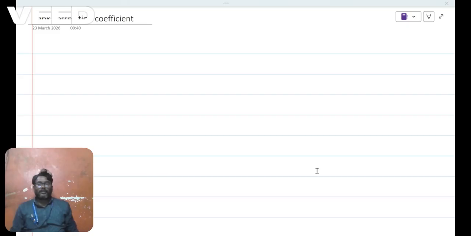Good morning. Today we are going to see how to find the rank correlation coefficient.